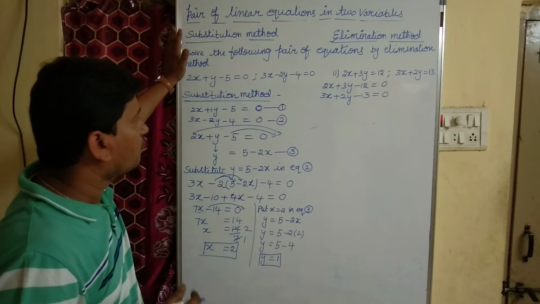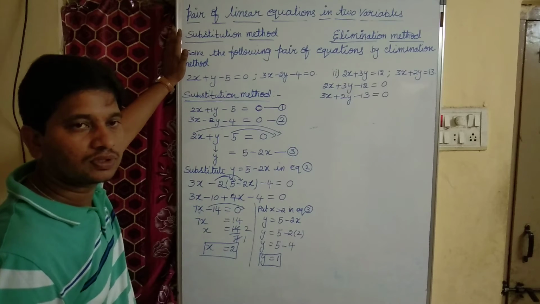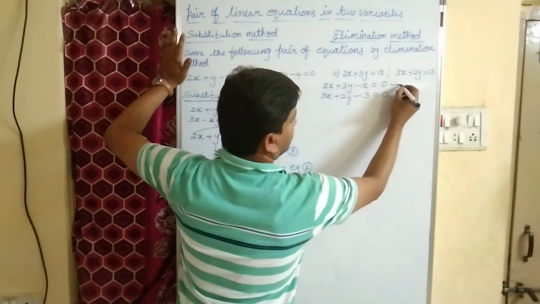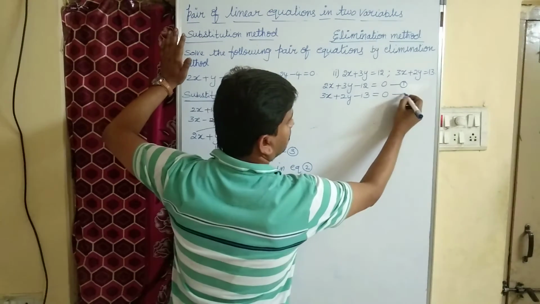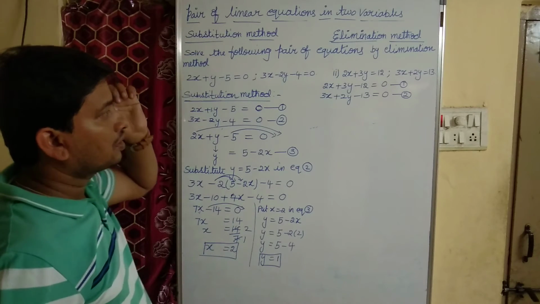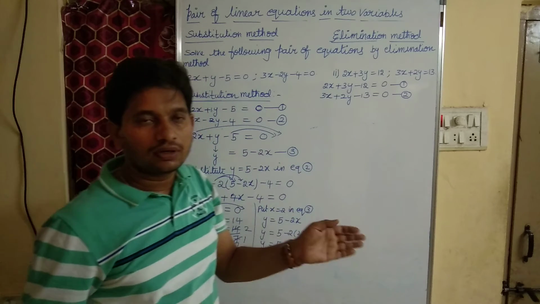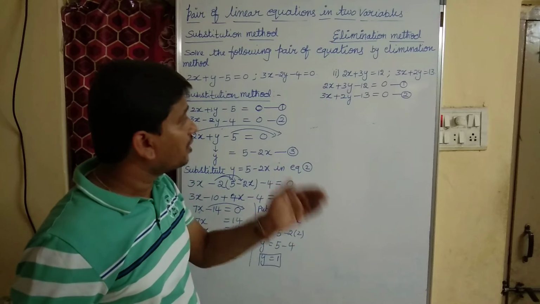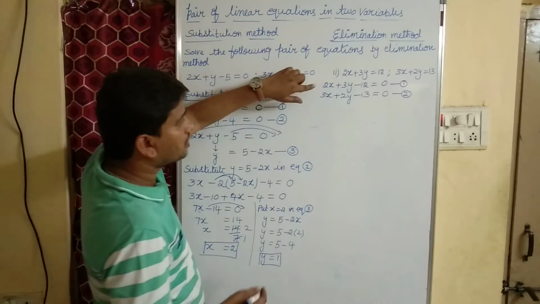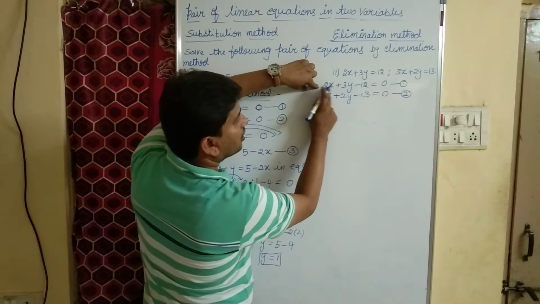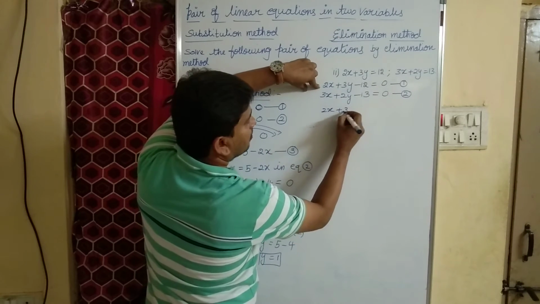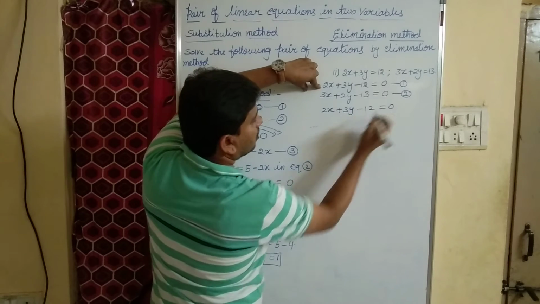Right? Now first let us go with the substitution method. This is our equation number 1, this is our equation number 2. Equation number 1, let us convert it into the form of y equal to in terms of x. If you observe equation number 1 carefully, 2x plus 3y minus 12 equal to 0.